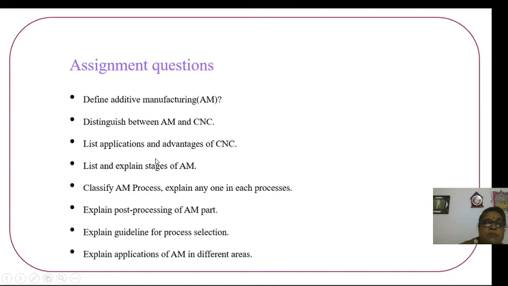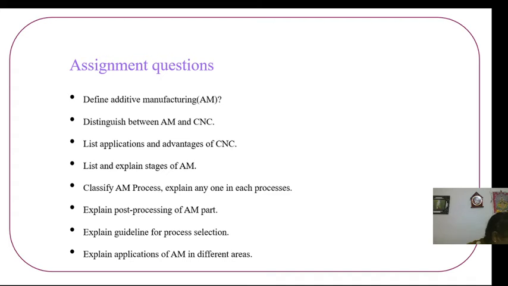When it comes to applications of CNC machines, as I have told in the previous sessions, it is mostly in the manufacturing industry, even in the automobiles, food industries, etc.